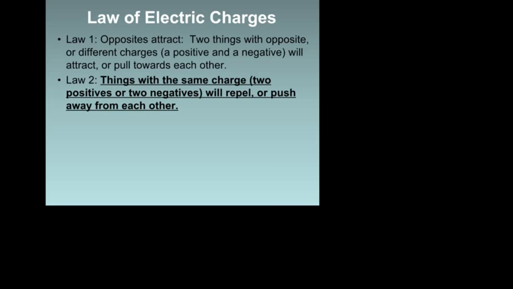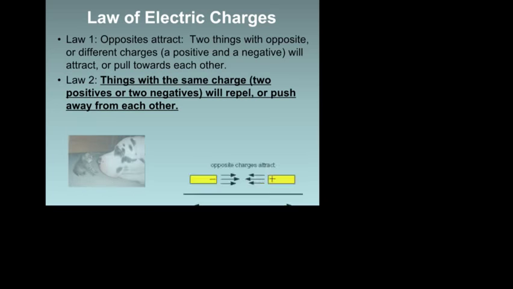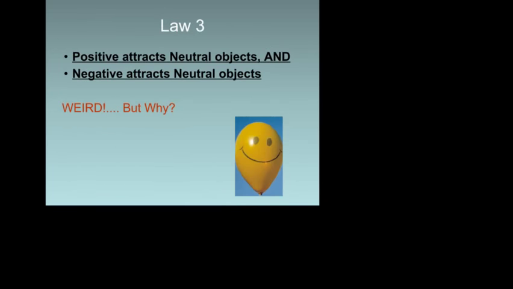Now, the third law tells us that positive objects are attracted to neutral objects, and negative objects are attracted to neutral objects.